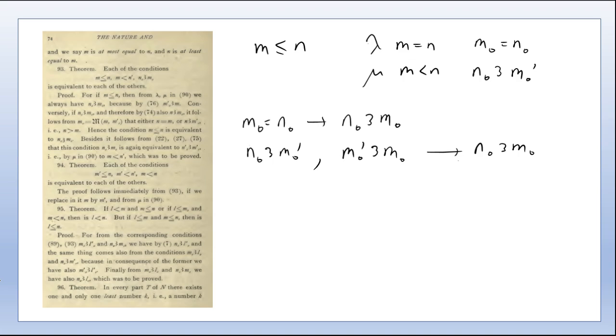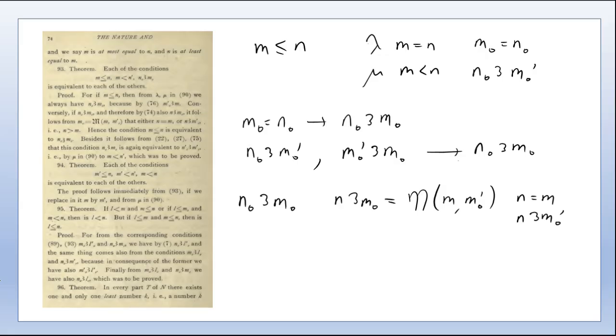Because by 76, m naught primed is part of m naught. Conversely, if n naught is a part of m naught, and therefore by 74 n is a part of m naught, it follows from m naught equal to the system compounded of m and m naught primed, that either n is equal to m, or n is a part of the transform chain of m.